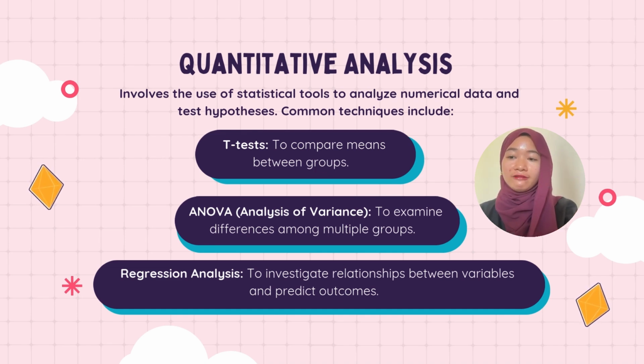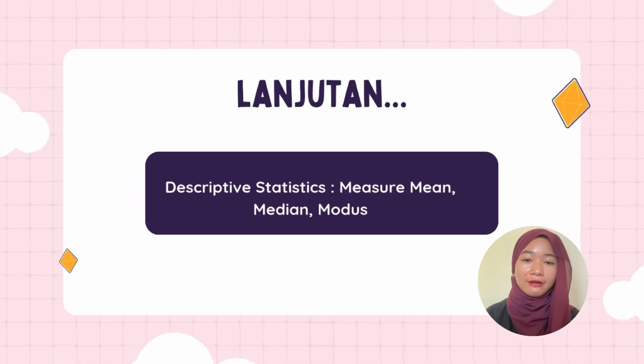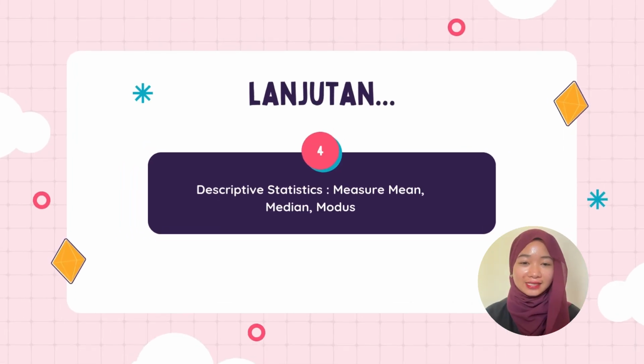The next, we have regression analysis. This helps us explore relationships between variables such as how study hours impact test scores. It can also predict outcomes based on certain factors. And then the next, we have descriptive statistics.